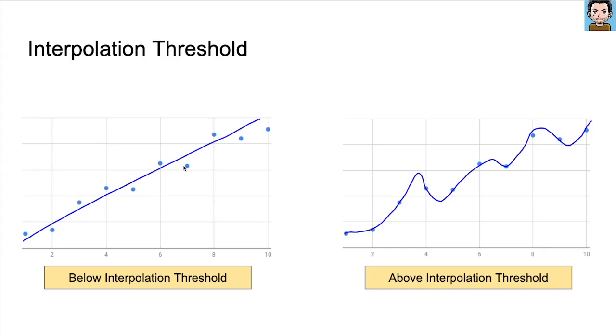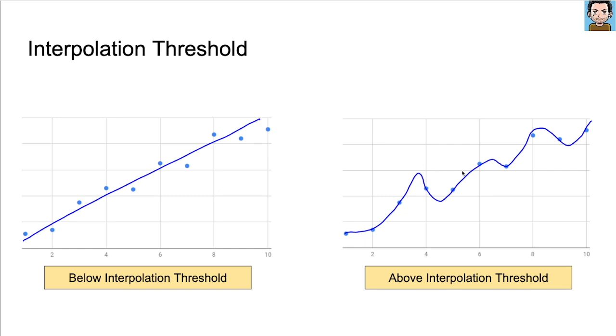The fact that a model falls below the interpolation threshold is not a bad thing. In fact, this linear model will have a good generalization performance on the test dataset. The interpolation threshold tells us whether a model can fit the training data and achieve a zero train loss or 100% accuracy on the training dataset or not.